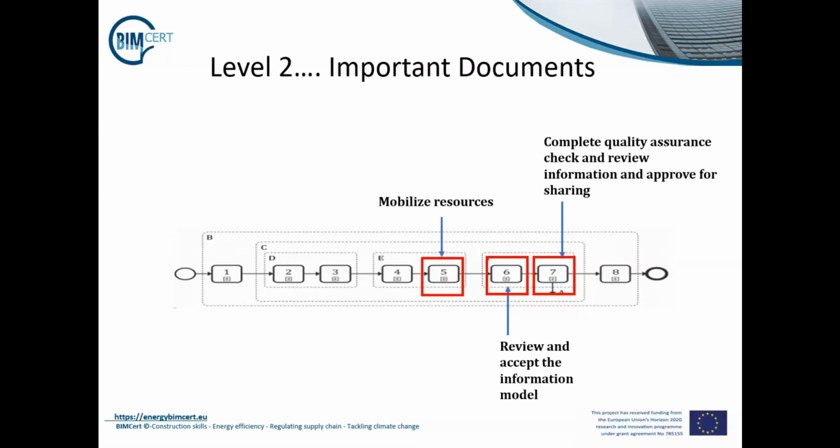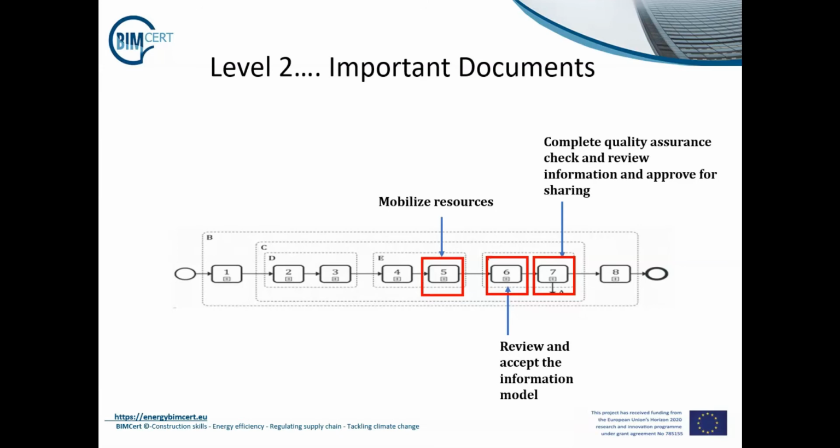So this brings us to a closeout. So to recap, 1 is where we begin to set the project information goals and set up a common data environment. 2 is where we establish the employer's exchange information requirements. 3 is where we set up our pre-BIM execution plan and move towards the tender process. 4, the appointment of the relevant body and the establishment of a BIM execution plan and master information delivery plan. 5 is where our contractor mobilises resources. 6 is how information is collected and how it's produced.